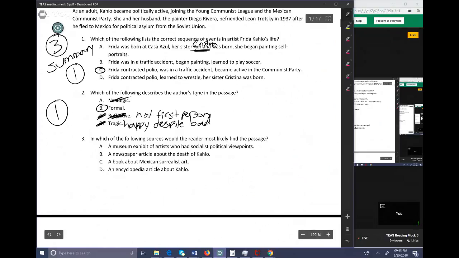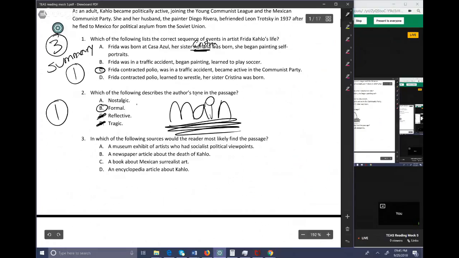Really, ultimately, this is a biography, and it's written in third person, and really, ultimately, it was just written formally. So there may have been a hint of some of these others, but again, it's always main. The word you always want to use if you're having trouble sorting through anything is main. Main purpose, main focus, main idea, main tone. You can use main anywhere you're having a problem. So what was the main tone? It was mainly formal.